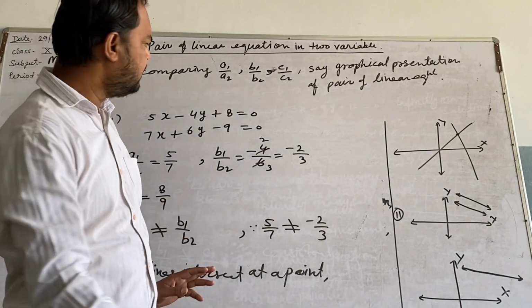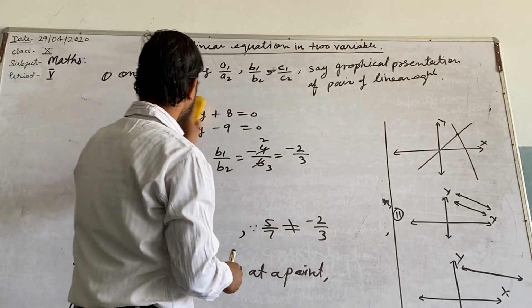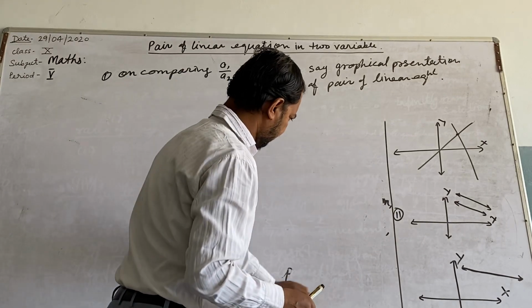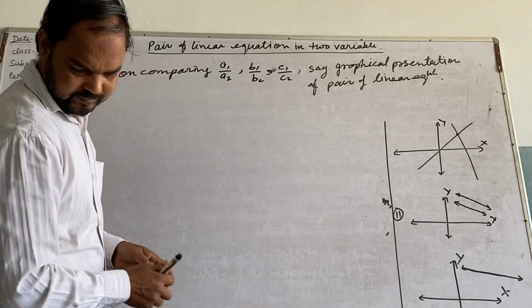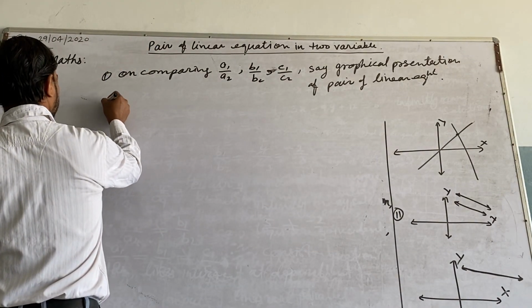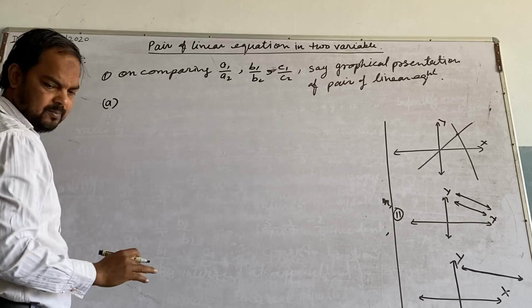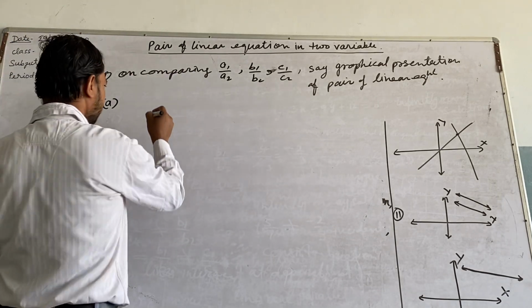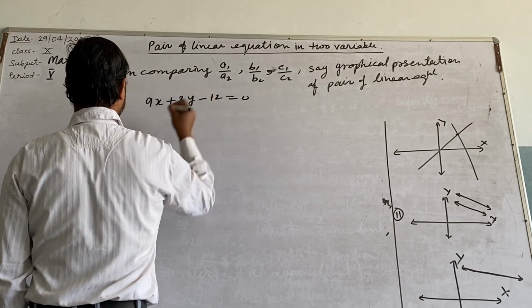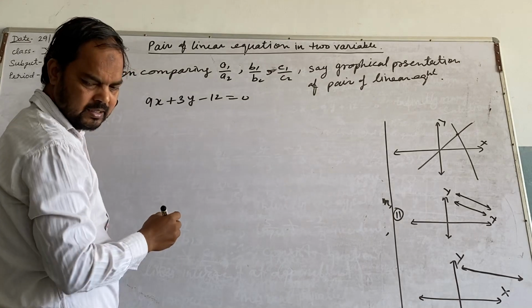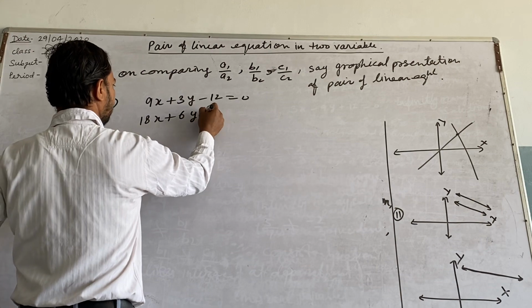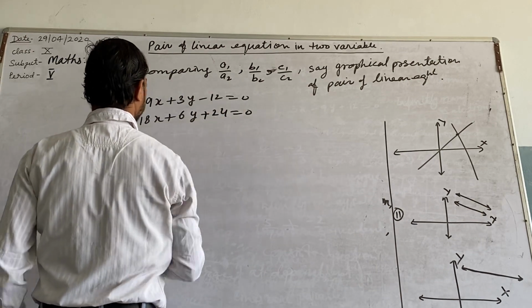That is what we say on the basis of the graph and on the basis of the ratio of coefficients. Now try these two questions at home. First, A: 9x plus 3y minus 12 equal to 0, and 18x plus 6y plus 24 equal to 0.